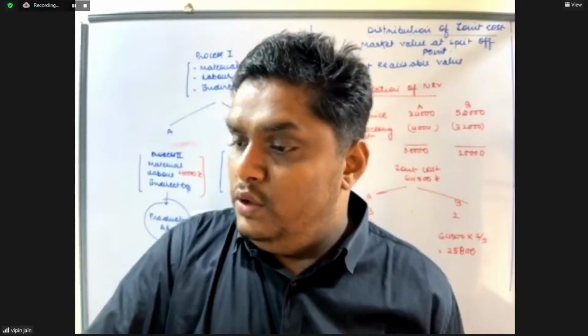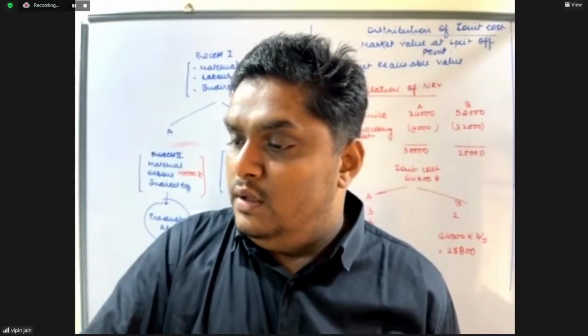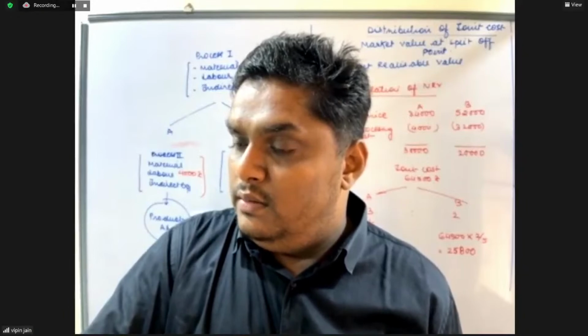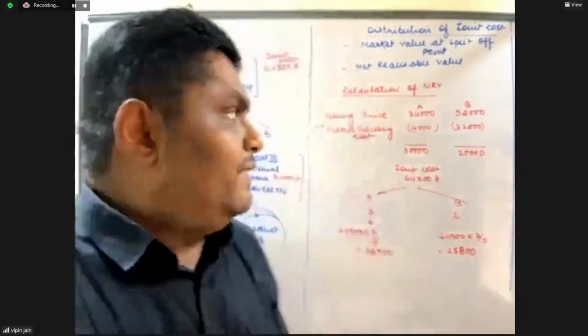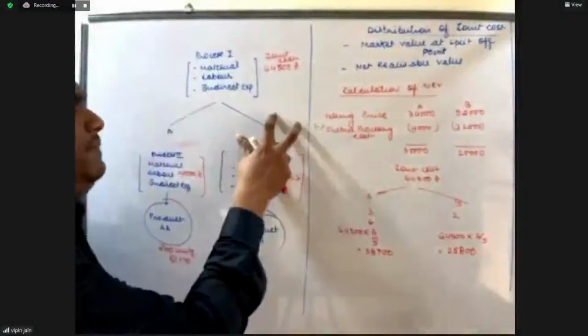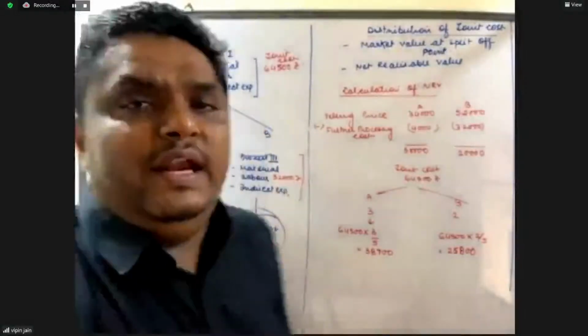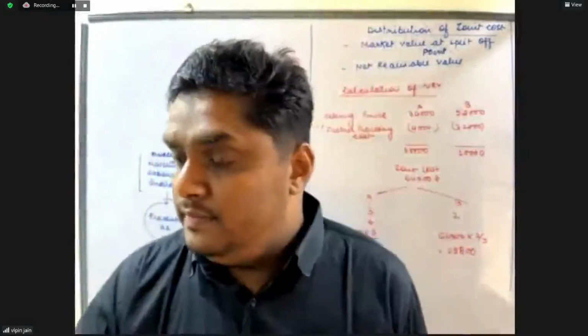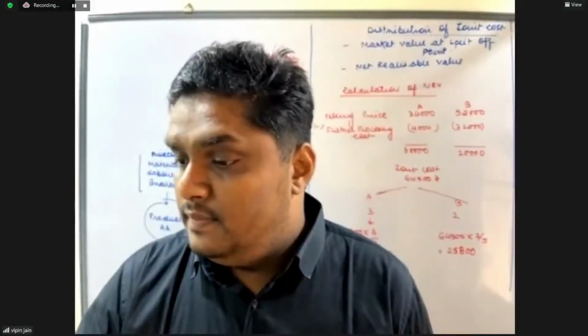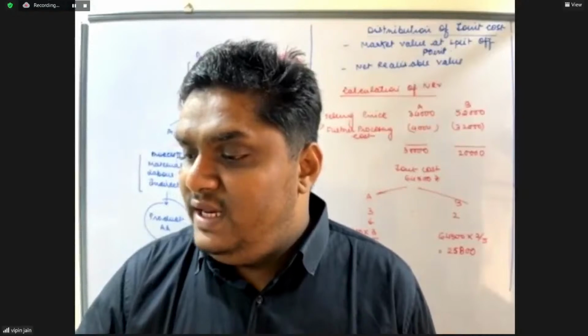Darshan, here we are unable to determine the market value of product at any intermediate stage. So this method is to be applied when the market value of product A and B is not available. Then we will calculate the dummy market value of A and B. Anyone having any doubts, queries?